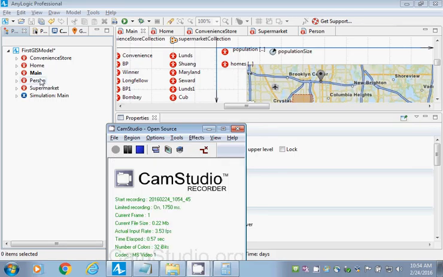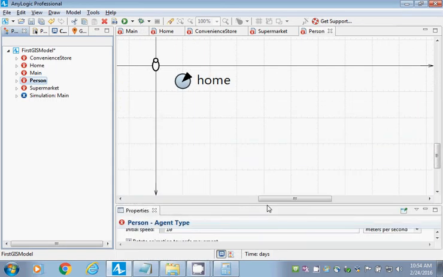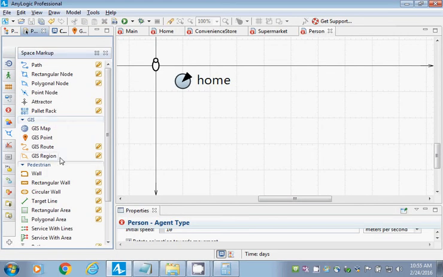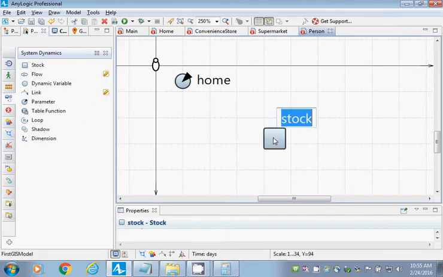Now, let us go to person, and we're going to create a hybrid model of a new type, ladies and gentlemen. I'm going to go to person, and I am going to add into person, ladies and gentlemen, a stock. And to do that, I'm going to go to the palette over here, and I'm going to drag in, ladies and gentlemen, a stock to that person.